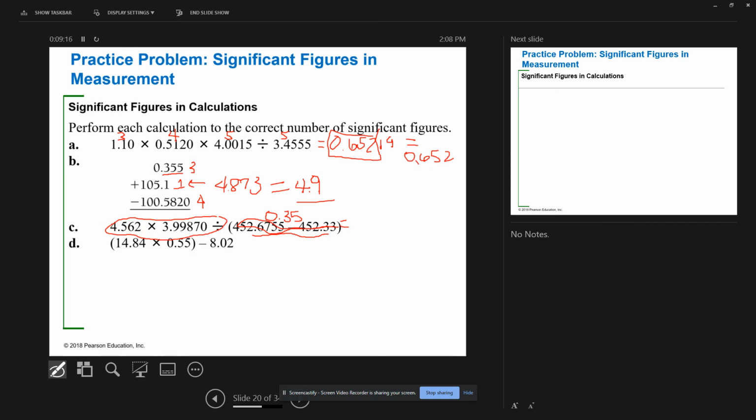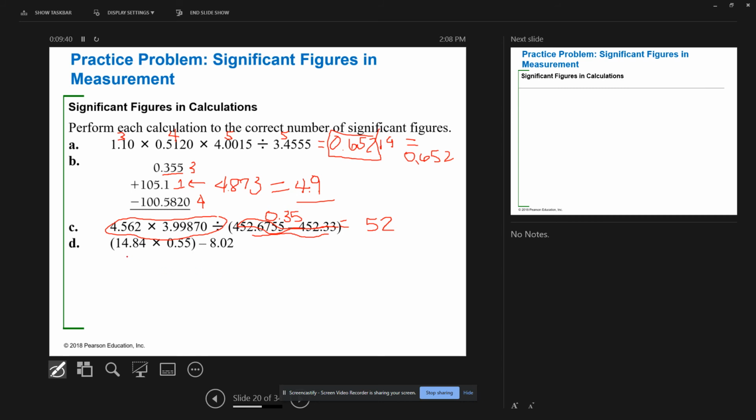So I have 4 here. I have 6 here. And I have 2 here. So my answer should be to 2 significant figures. So my answer should be 52.